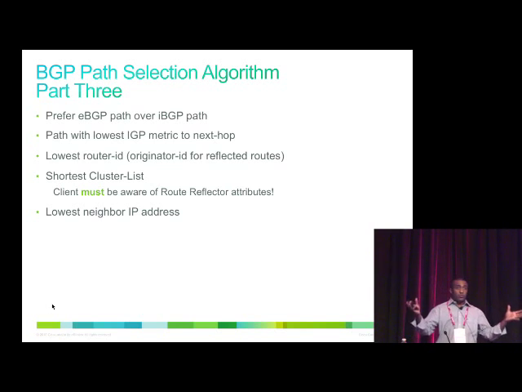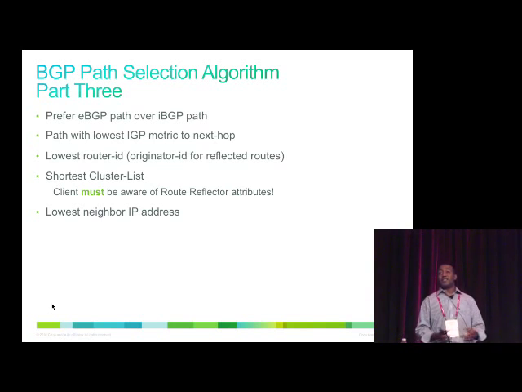It's only when the AS path length is the same, the MED is the same, the local preference is the same, then you prefer eBGP over iBGP. If all that is the same, then you look at the next hop and the IGP metric for the next hop. So the lowest wins.